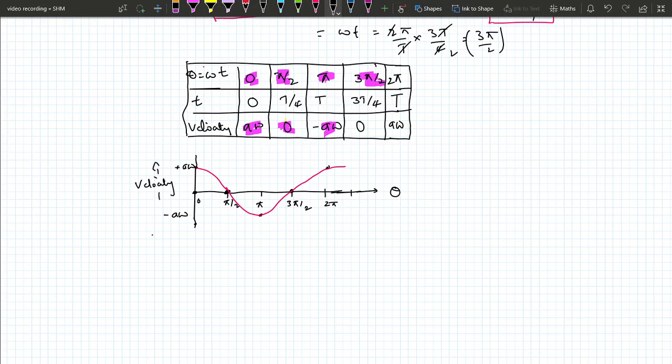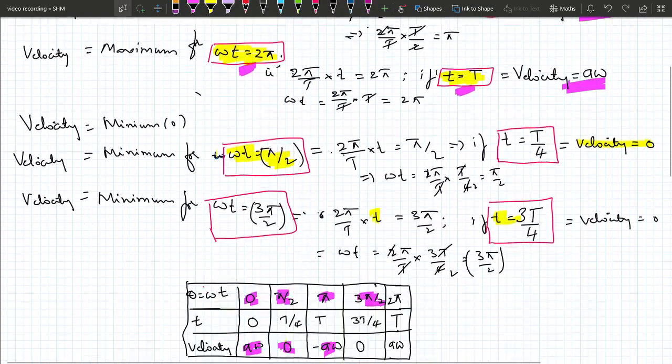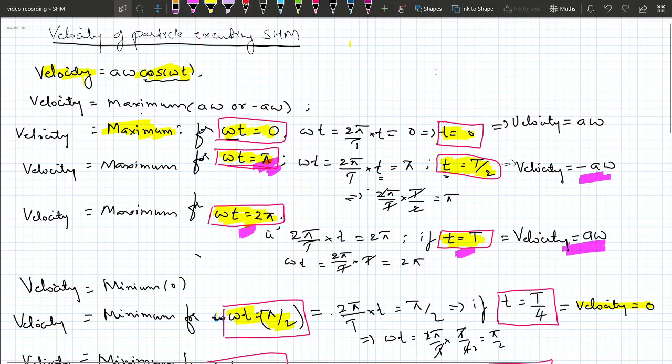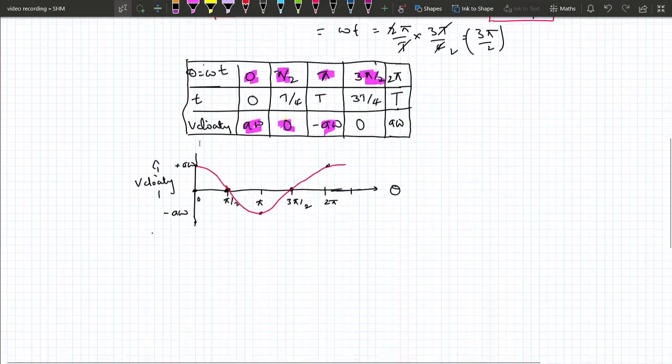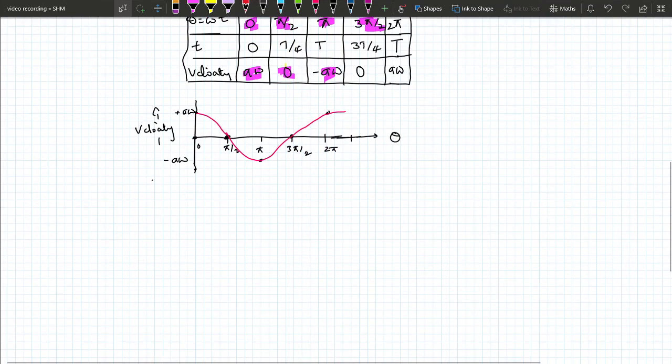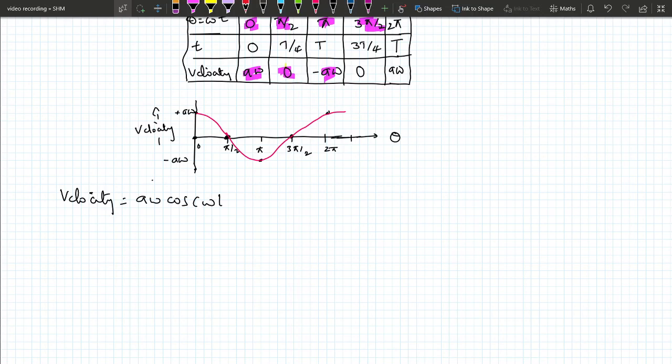It is clearly understood from this equation that this is the graph you get. The nature of the graph is in the form of a cos function. We have the velocity equal to a omega cos of omega t. This is one form.